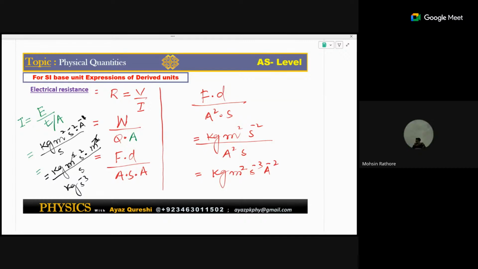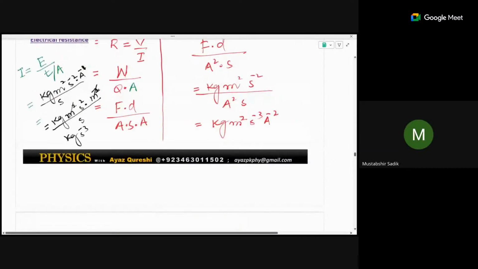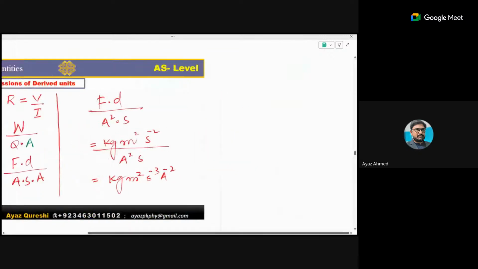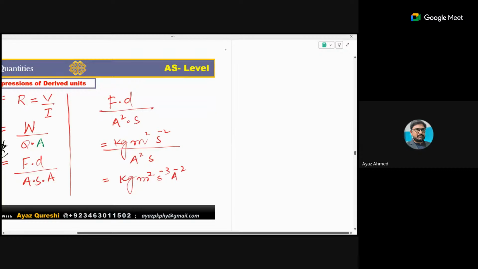Yes, sir. Intensity is energy divided by time divided by area, so they are going up. No, let me do it on one side, just a second. I have written it this way, that intensity is energy divided by time per unit area.